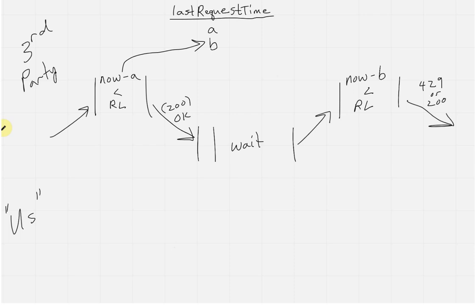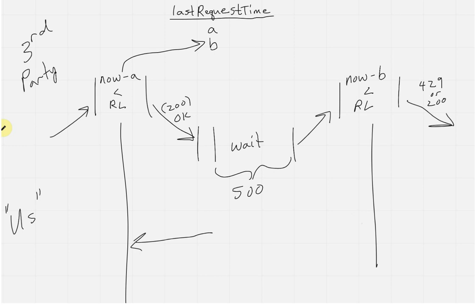So you can see that our server's rate limit, which determines the wait time here, you know, might be 500. The time between A and B, which is used for asserting against the rate limit on the third party, is something more like, I don't know, let's say 550.